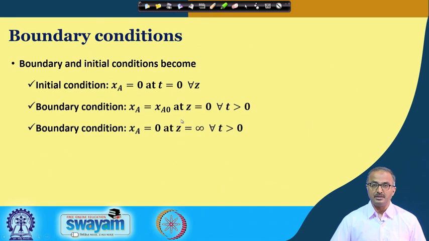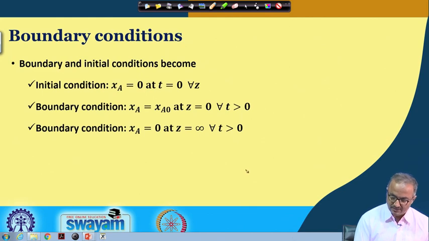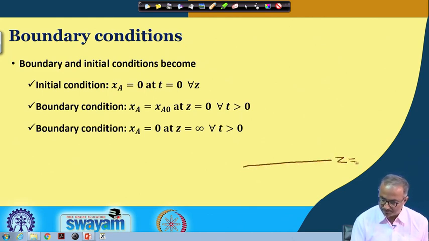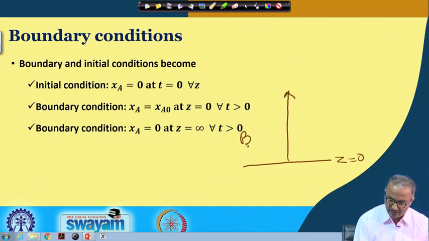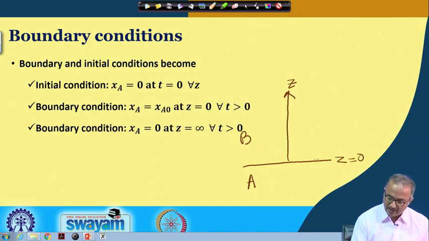So, all these things can be represented like this: if I consider that this is the interface, this is z equal to 0, and from here I am counting, this is B and A is coming from here, and this is the z direction. Here at this position we are taking xa equal to some xa naught.